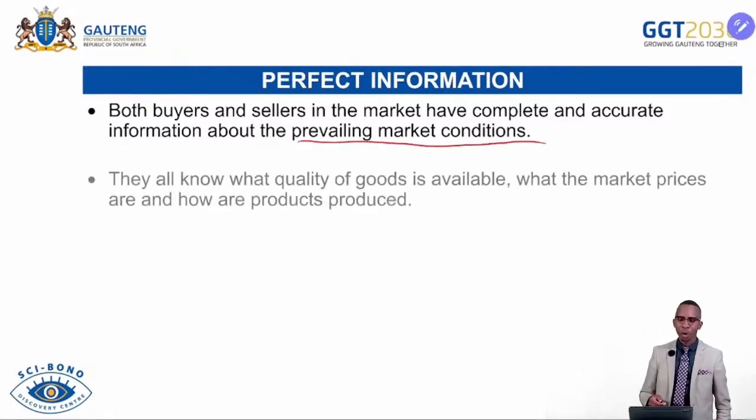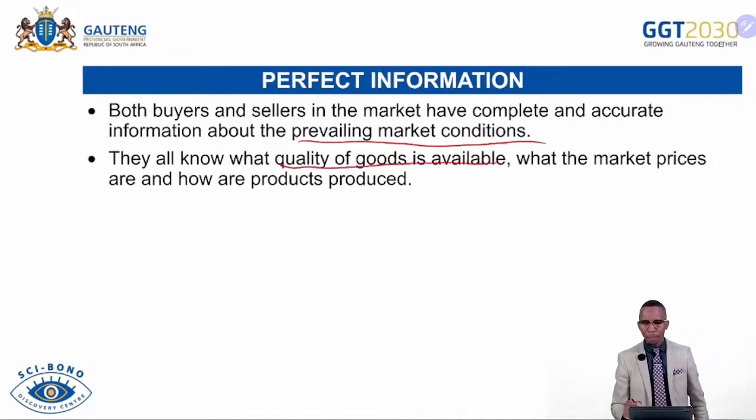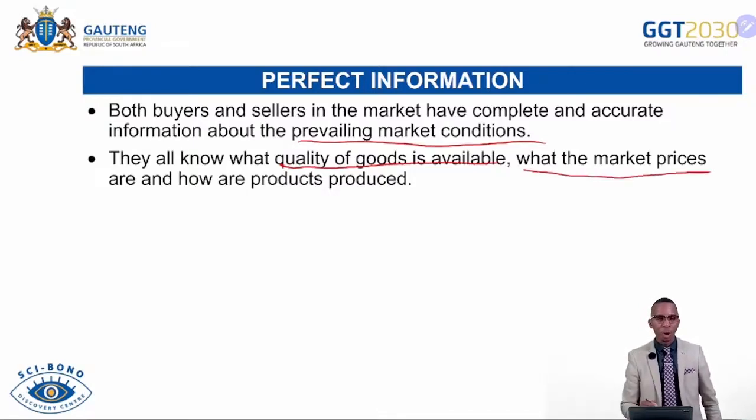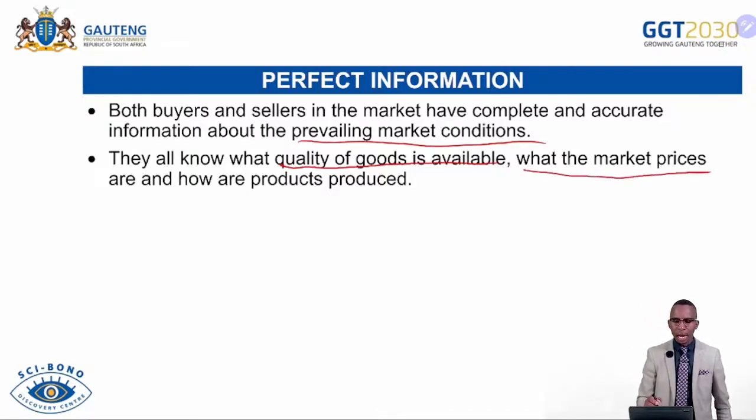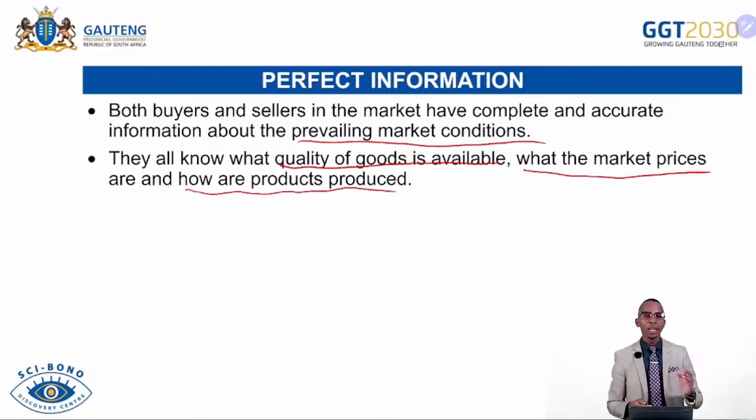They have the perfect or complete information. They all know what quality of goods are available in the market, what is the selling price of those goods and services, and how are these goods produced. Also, where can they be found? So the information is so open and so perfect for both consumers and producers.